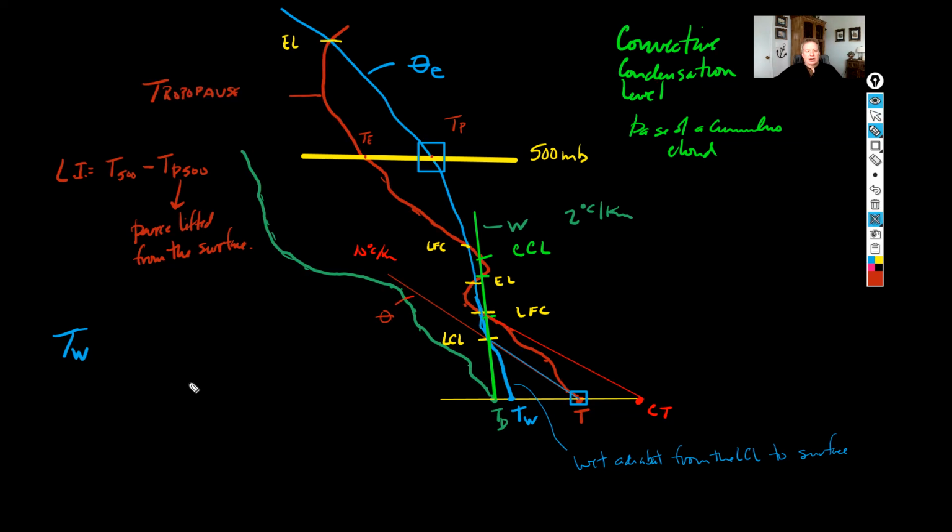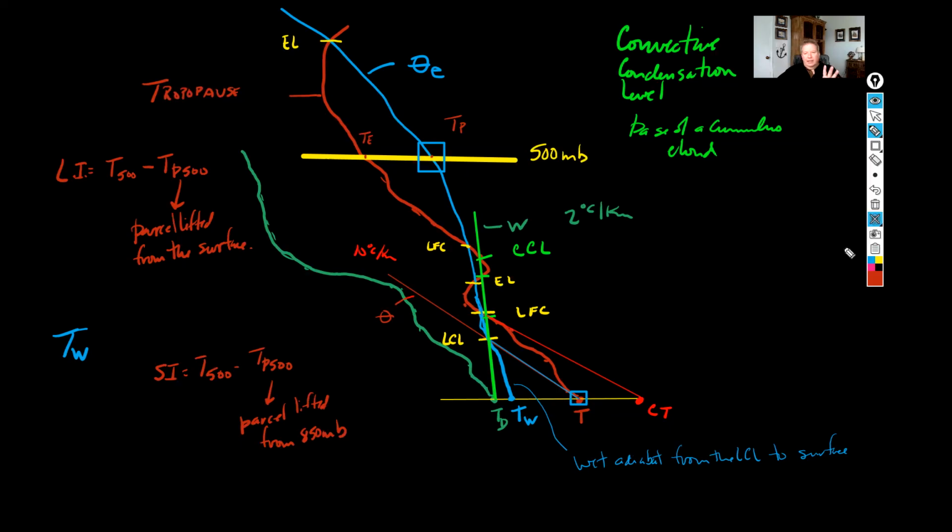Now, in the notes, it says that the Showalter index, which is the same formula, the only difference is this is a parcel lifted from 850 millibars. So how do you lift a parcel?